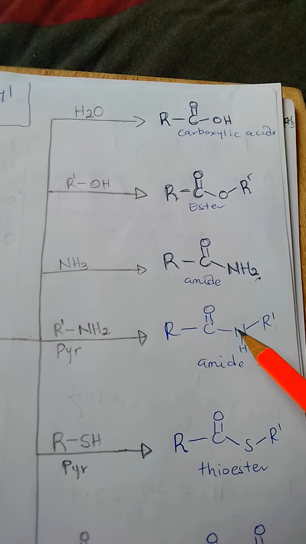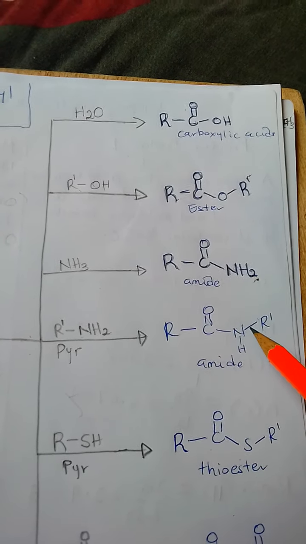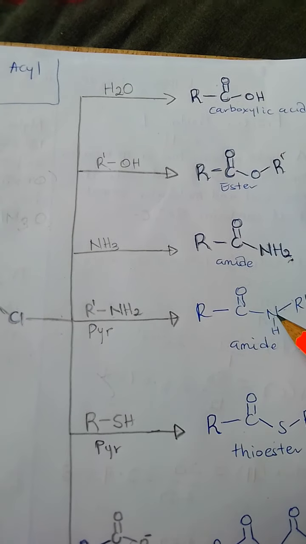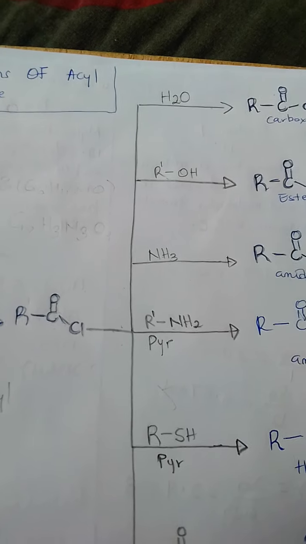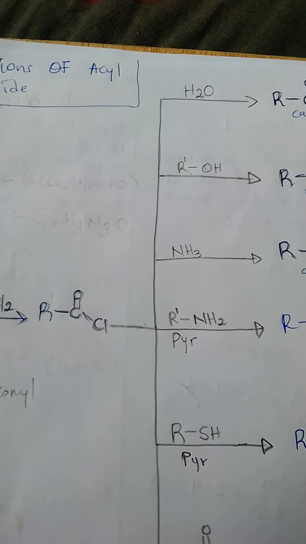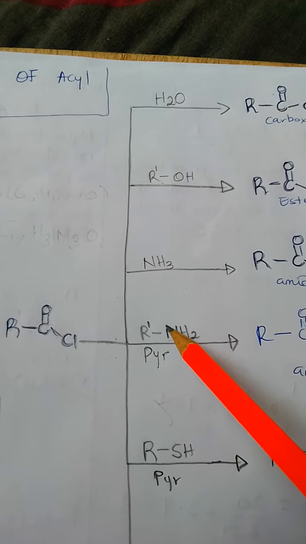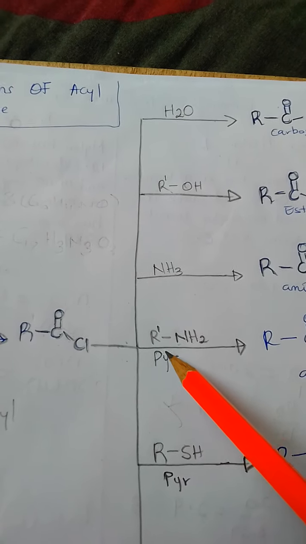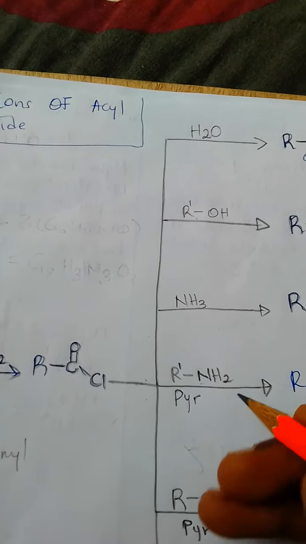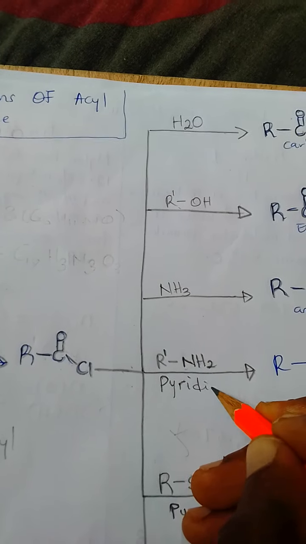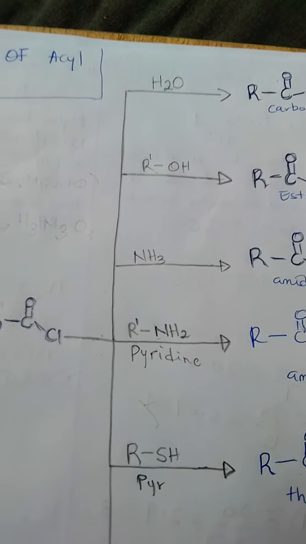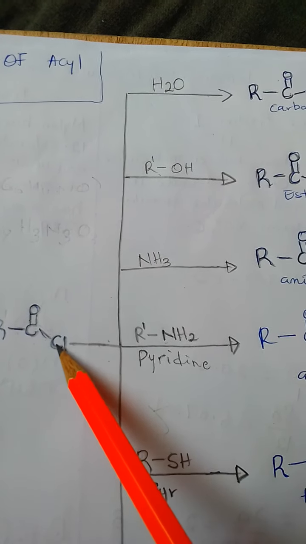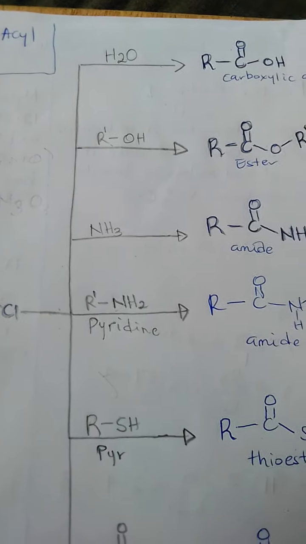But here, you get acyl groups being substituents on the amide. This reaction basically occurs in pyridine. So pyridine is a solvent in which this reaction undergoes. It is quite basic, so it tends to neutralize the HCl which we produce after the reaction.